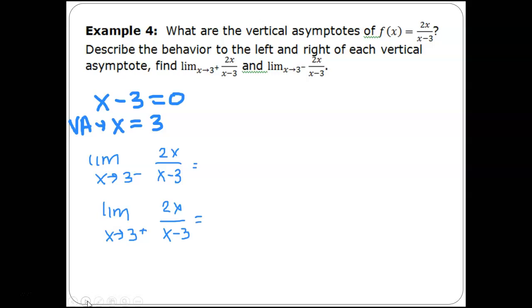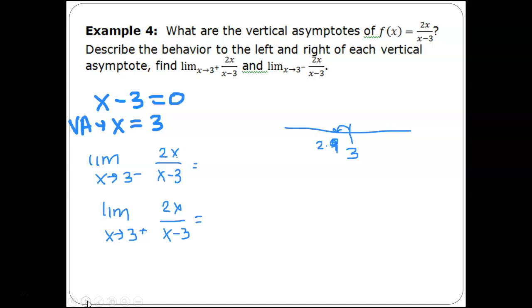To find the value of the limit to the left of 3, think about your number line, here's 3. What's to the left of it? Like 2.5 or 2.9. So if you look at 2.5 or 2.9, all we're going to do is quickly plug them in.